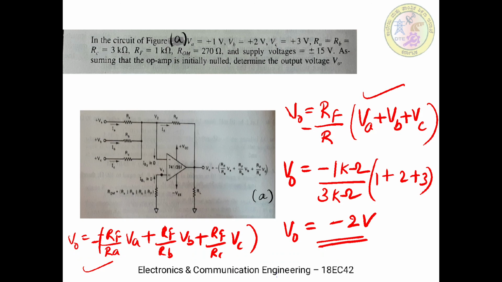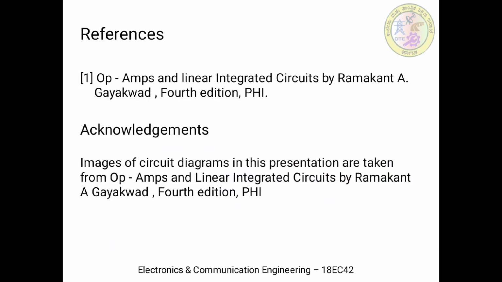So this is how the differential amplifier can be used either for subtraction of the inputs, or for summing applications. With this the discussion will be completed here itself. Thank you.